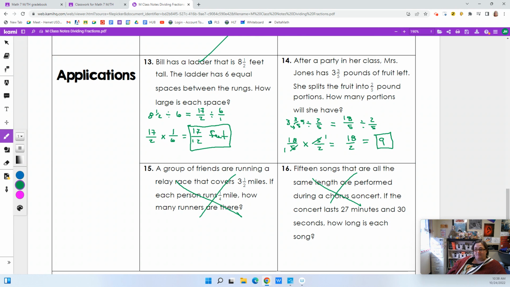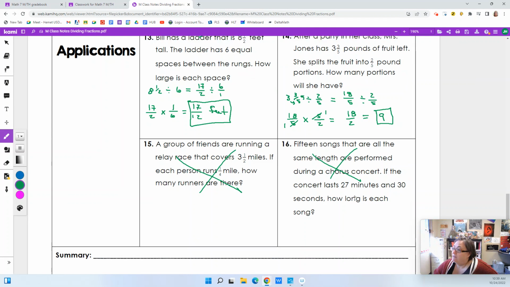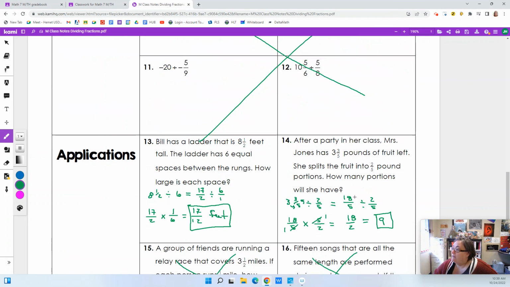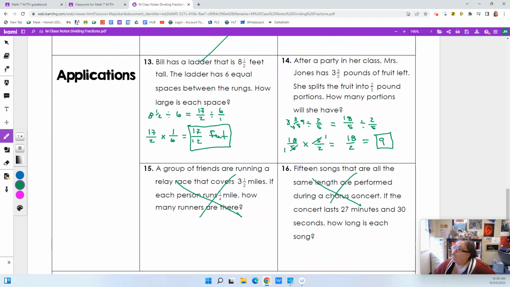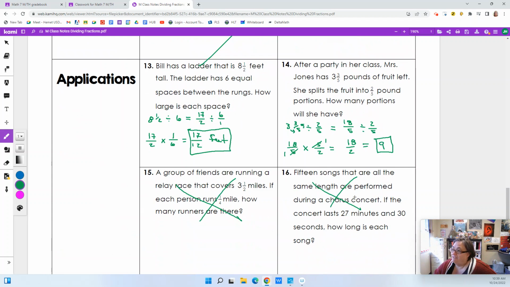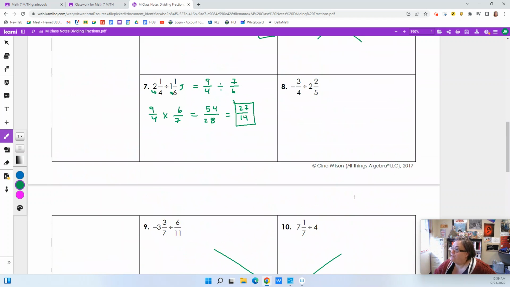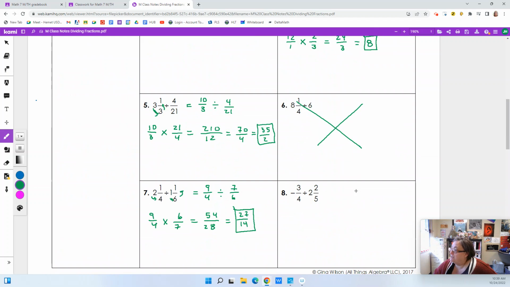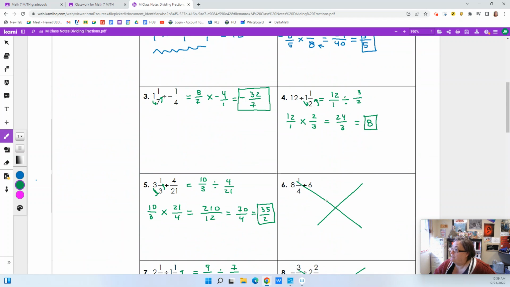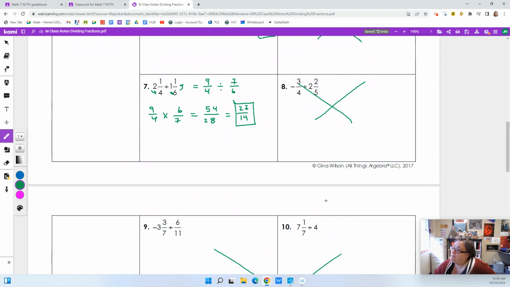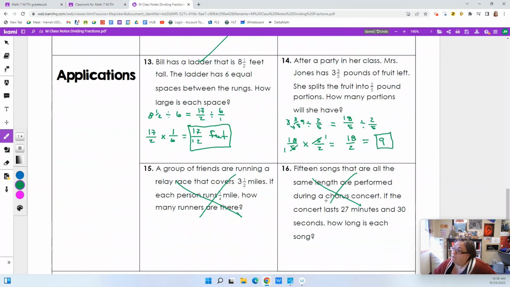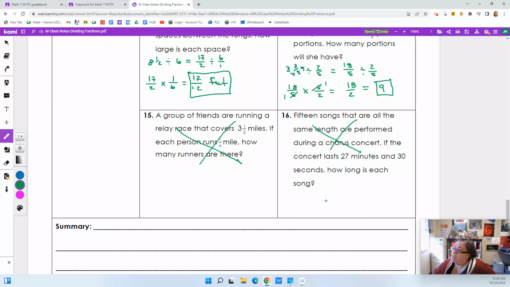A little more. Okay, I got it. All right. I just want to make sure and cross out all the problems that you don't have to do. You don't have to do that one. The rest of them you did. So that is it. I believe... Hold on, I'm going to stop recording.